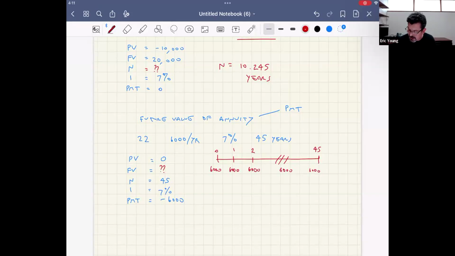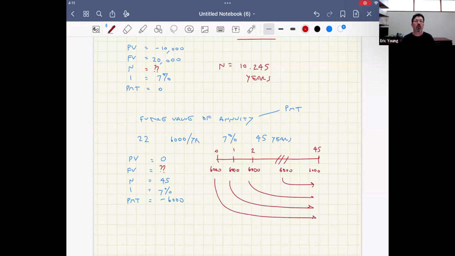What we're trying to see is what each of these contributions will grow toward. If you were a glutton for punishment, you could actually do 45 simple calculations and add them up. But I don't want you to do that, because you don't have to, because we know how we can solve this with a calculator.